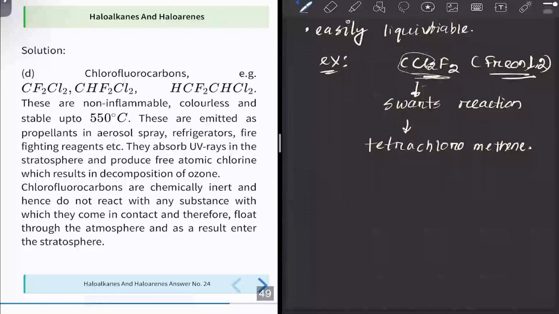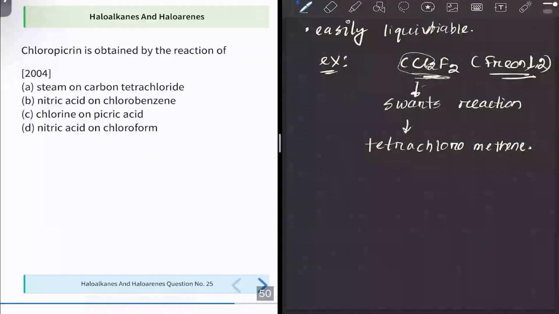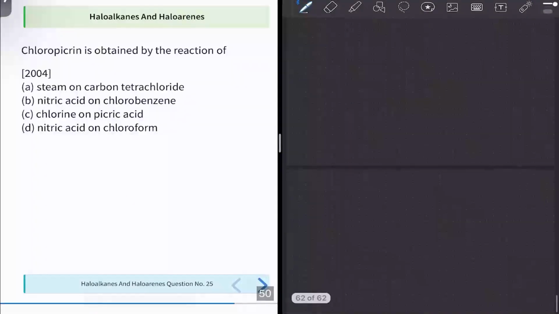So this is the answer. But before that, in this chapter there are very important chemical compounds. We have to discuss all of them because they will be asked in exams very often. The first compound is dichloromethane.